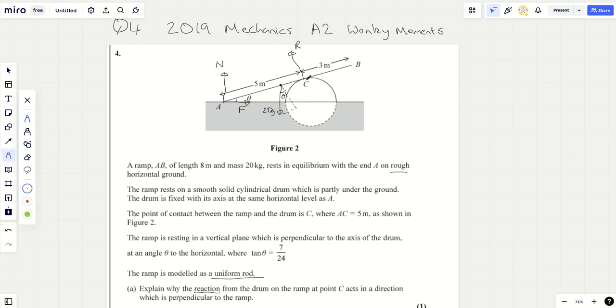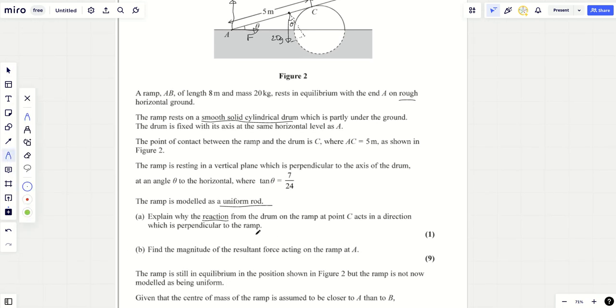Because the drum which it's resting on, I believe it says, is a smooth, solid, cylindrical drum. So our first answer for part A is simply because the drum is smooth. And I think they actually allowed for just saying that. Let me quickly check.